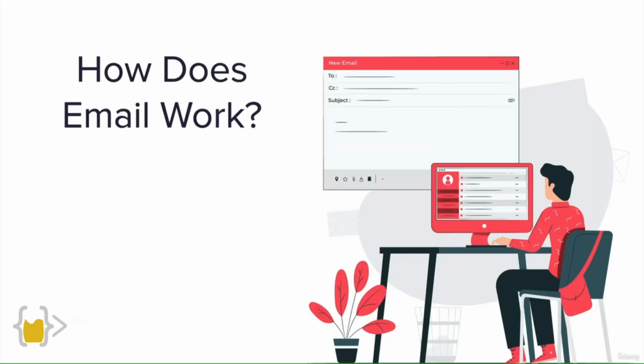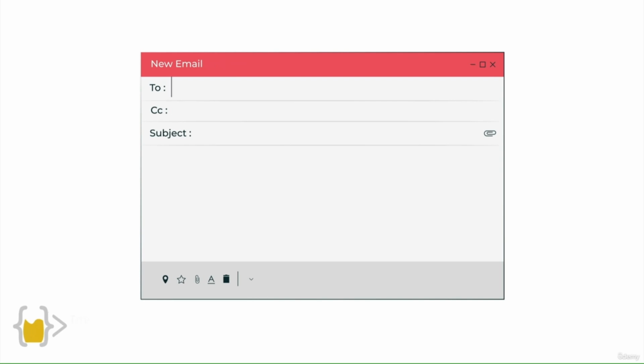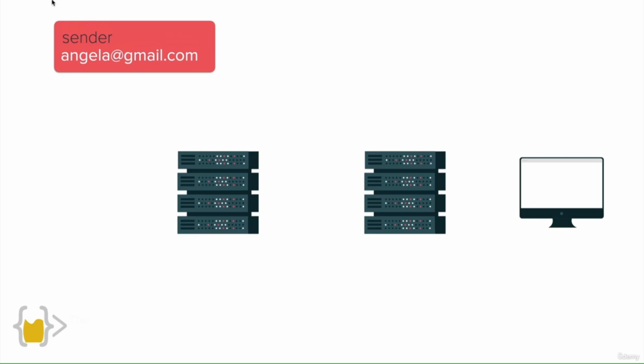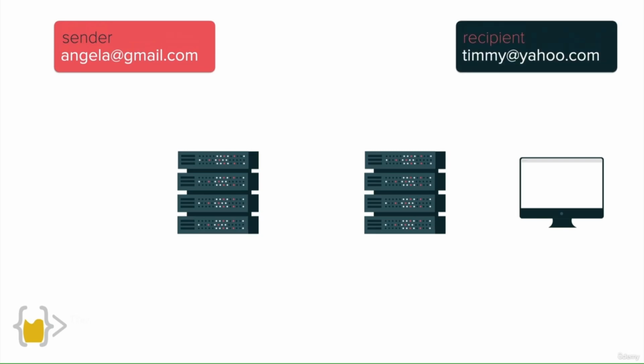The first thing we have to figure out is how exactly does email work? We all know that we can log on to Gmail or yahoo.com and we can start filling out an email. It's pretty much second nature to everybody by now. But what actually happens behind the scenes? Well, let's say that we have a sender, Angela at gmail.com, and a recipient, Timmy at yahoo.com.